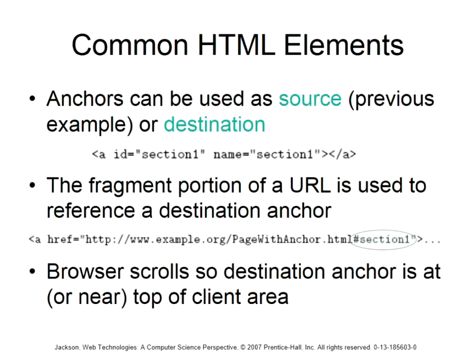Okay, now we will talk about another type of links. Anchors A can be used as a source, like the previous example, or as a destination. So what is the difference between the last example and this example?